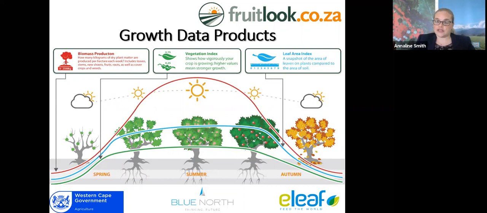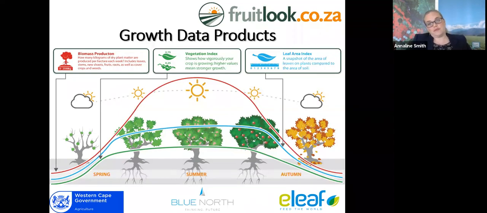There are two satellites, Sentinel-2A and B, and they each have an orbit between 3 and 5 days, running concurrently. Whenever they come over and there's no cloud cover, they take a snapshot at that specific time, and then you'll have your dates there. If you attend the third section, you'll see how the graphs differ because the dates are a lot more erratic with the vegetation and leaf area index compared to the biomass production.